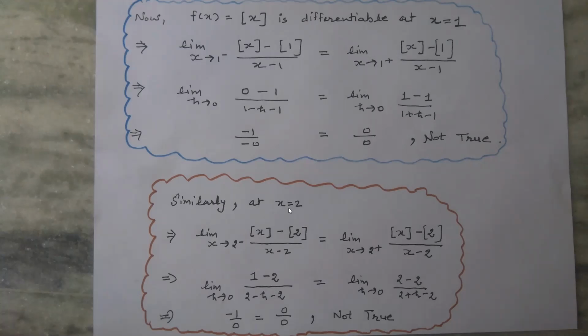Similarly, at x equal to 2, limit x approaches 2, greatest integer x minus 2. The values are 1 minus 2, so this is also not equal.